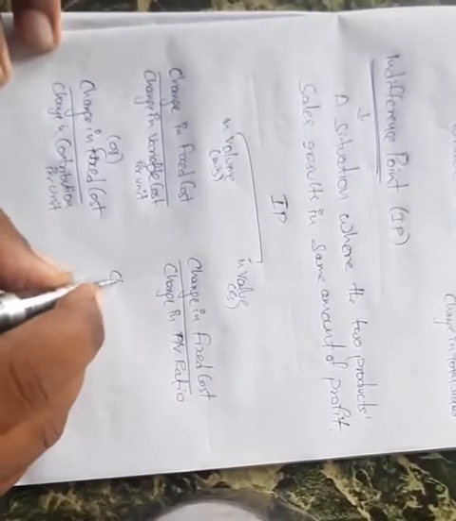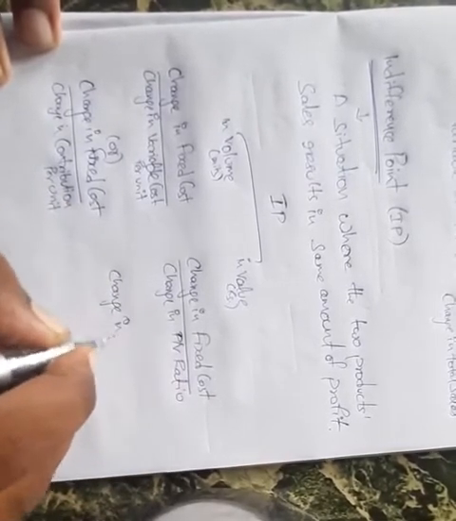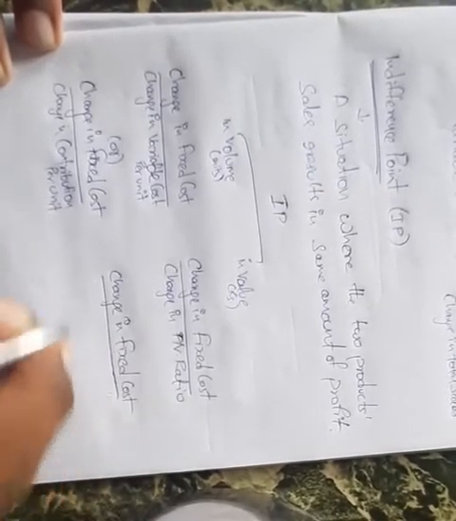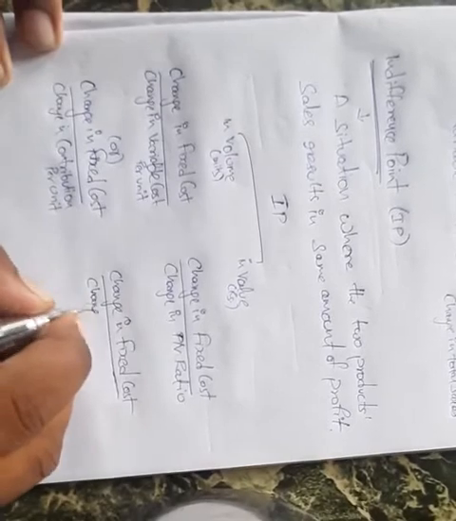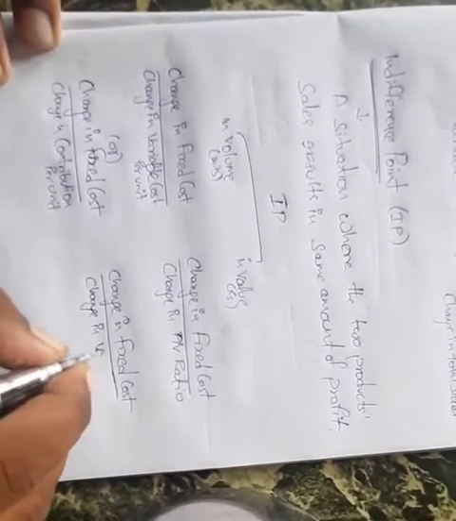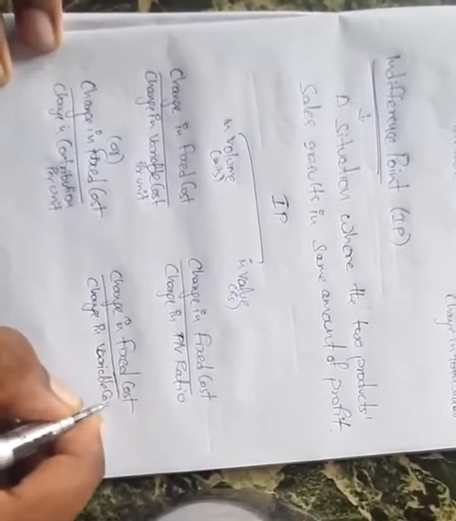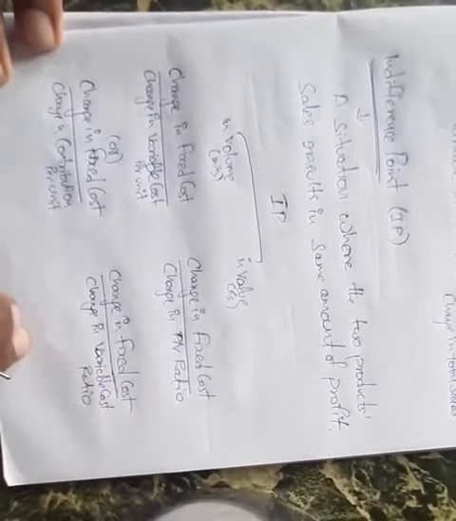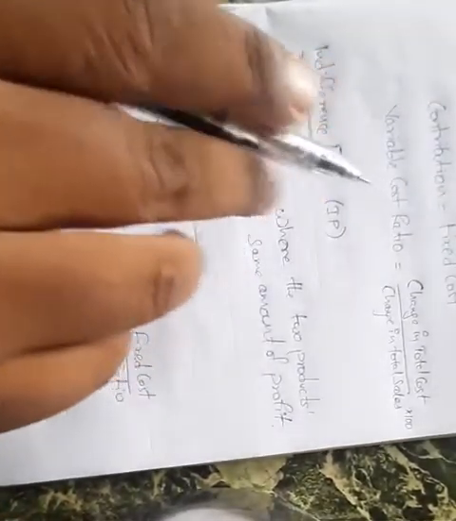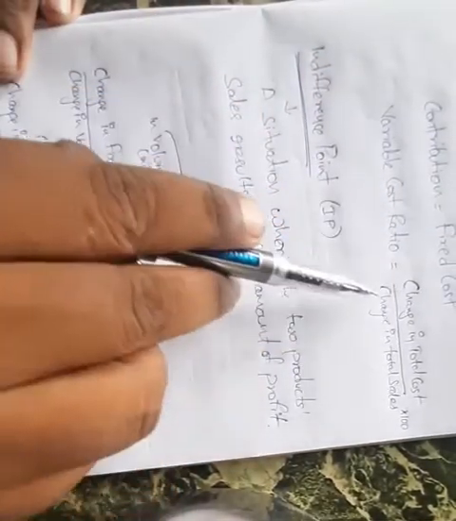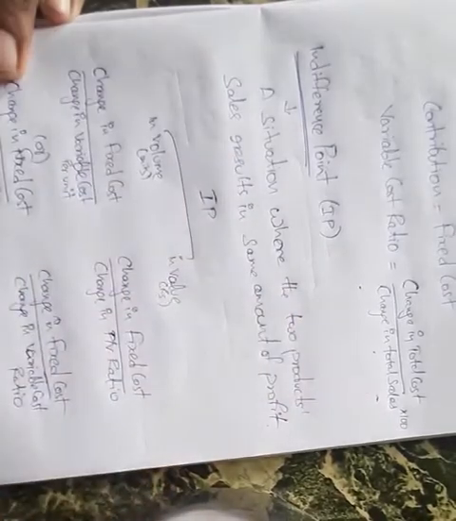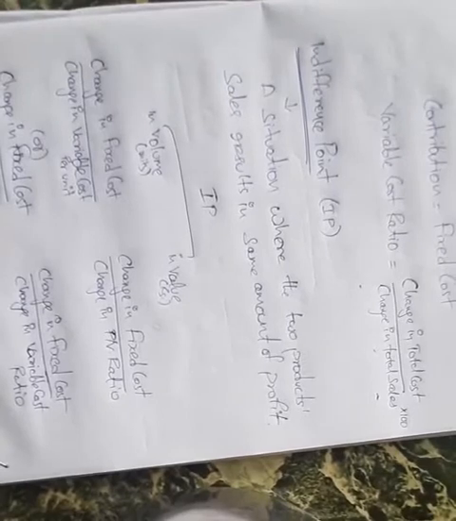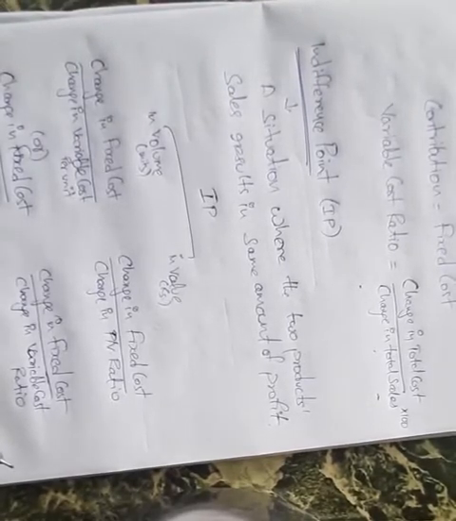And another formula is change in fixed cost by change in variable cost ratio. What is variable cost ratio? Variable cost ratio means change in total cost by change in total sales into 100. So this formula is used to measure the indifference point.